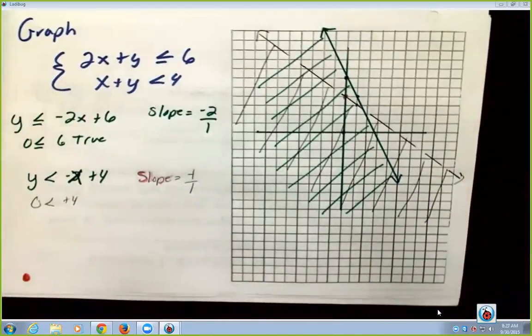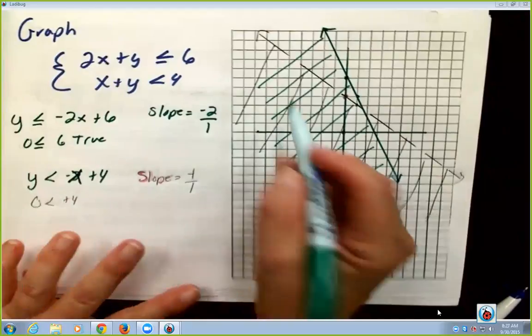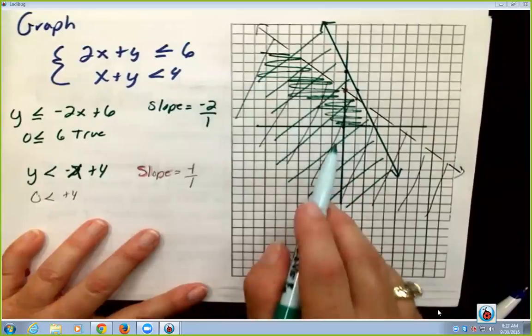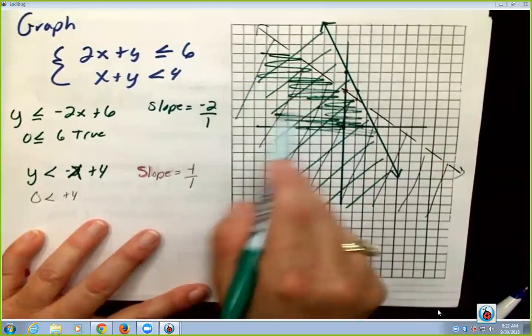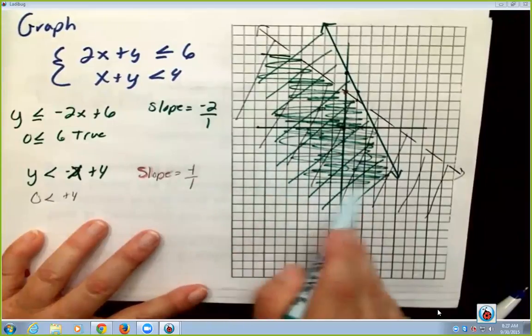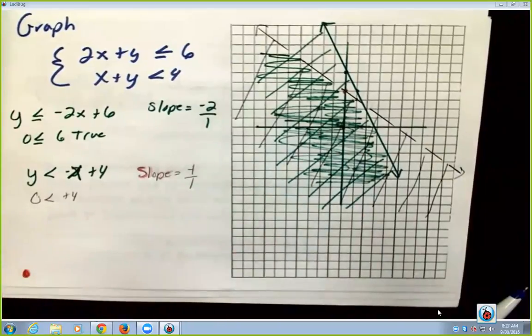So my answer for this one is where the double shading is at. So my answer is right in here. So anything in that area will make this a true statement. So I can use any of those points that happen to be in there.